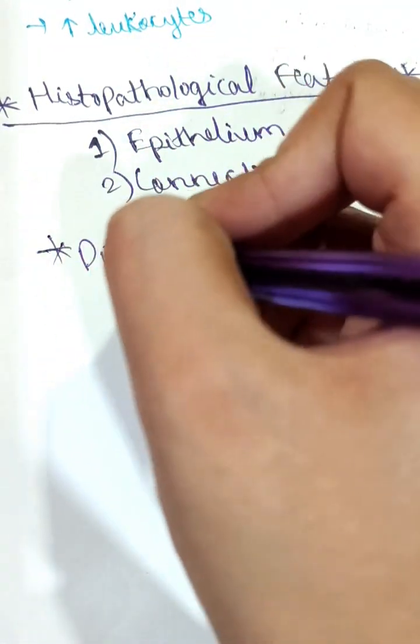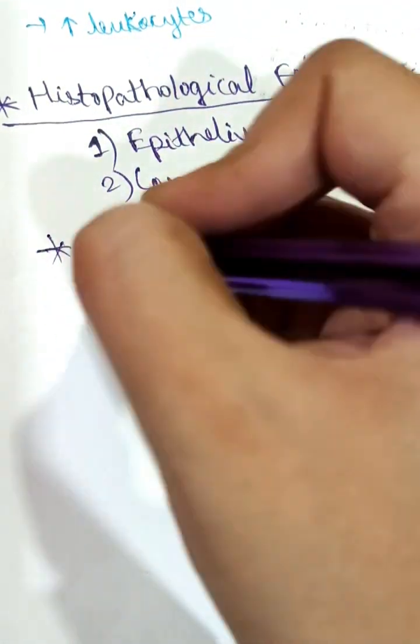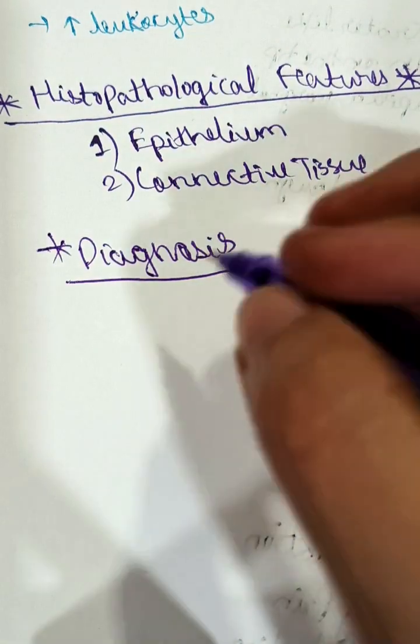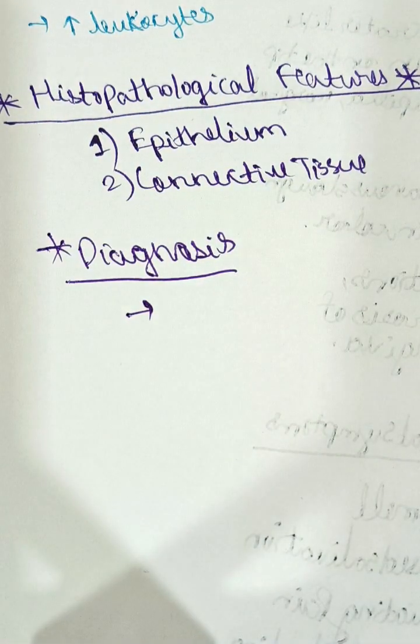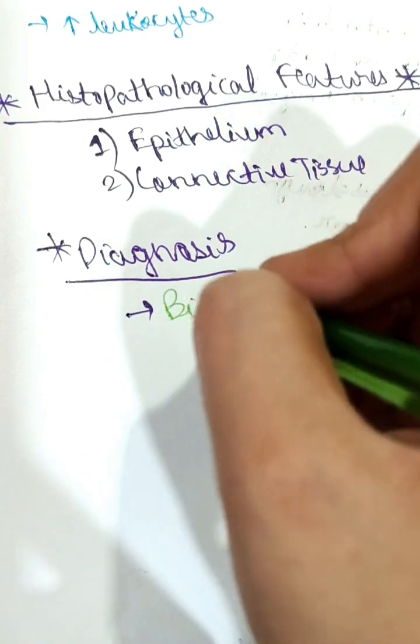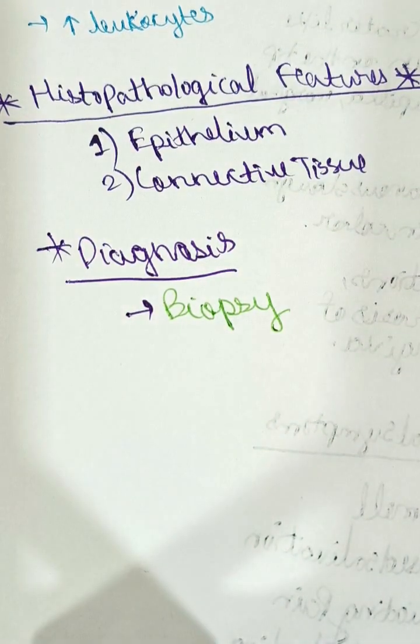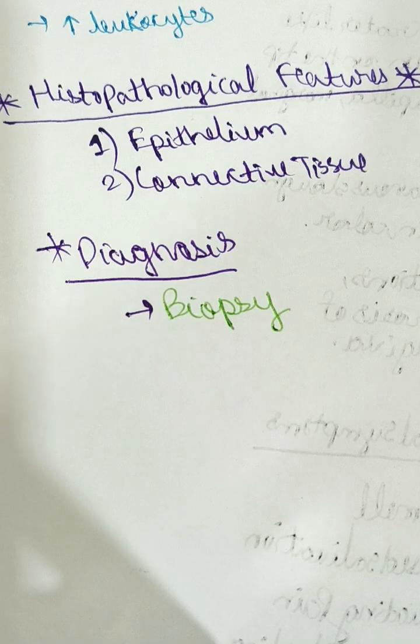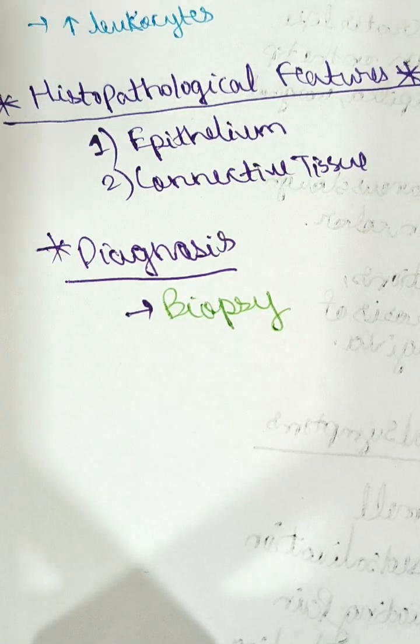Now let's discuss the diagnosis of the OE. The diagnosis involves taking a biopsy, that is, live tissue is taken from an individual and then examined for further pathological diseases, which involves differentiating it from diseases or disorders like tuberculosis and so on.